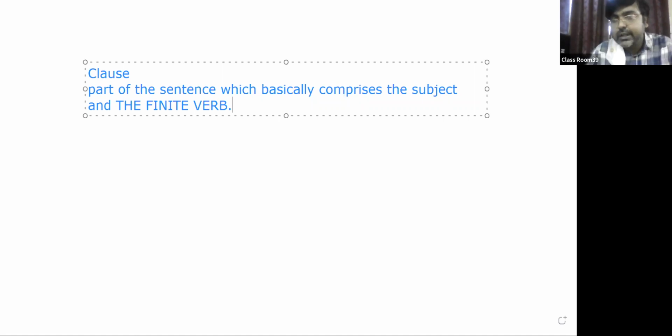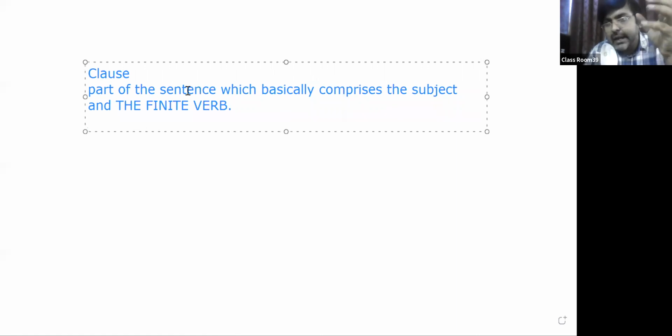Now, in a clause there are several elements. You have the subject, you have the predicator, you have the object, you have the complement. Complement also: you have subject complement, you have object complement. We'll discuss one by one quickly.